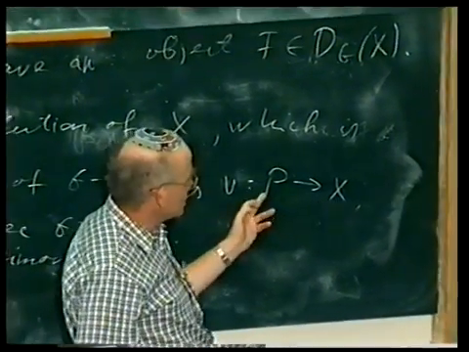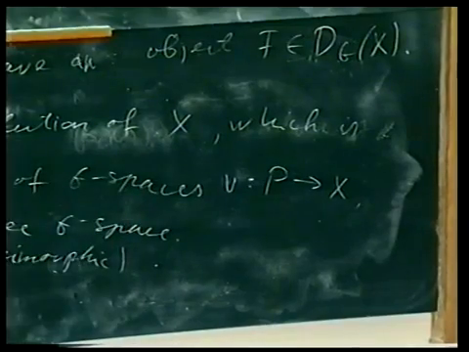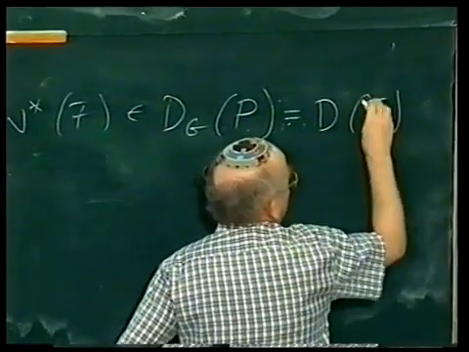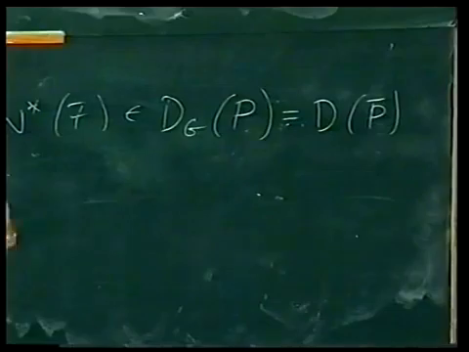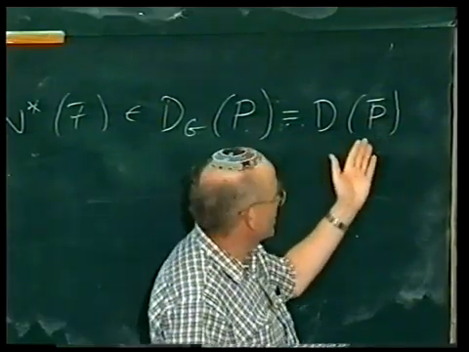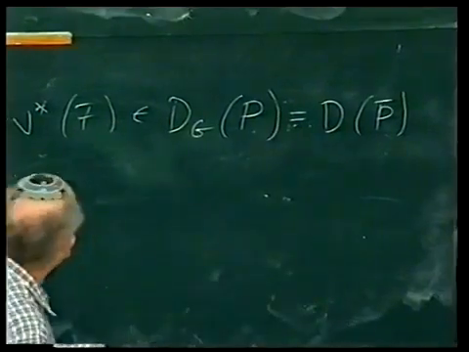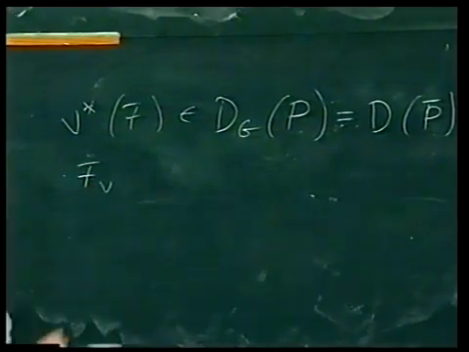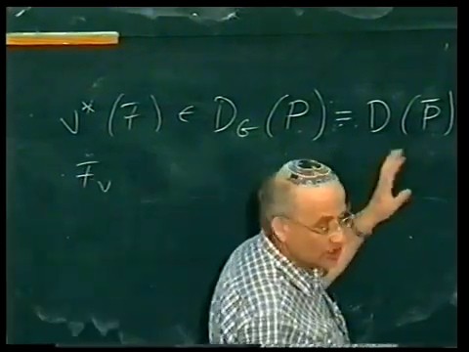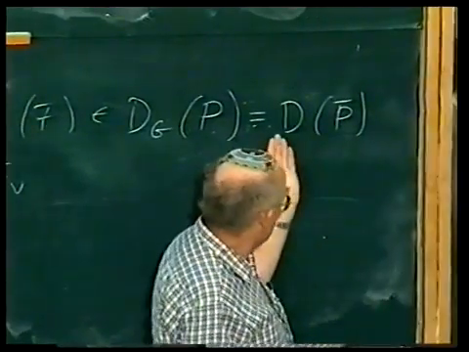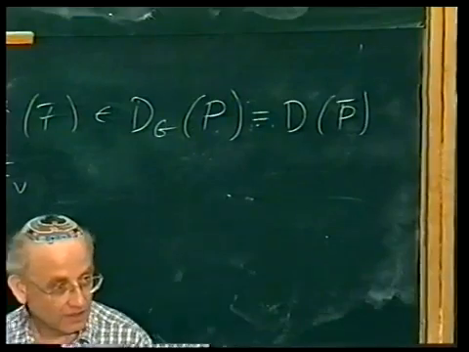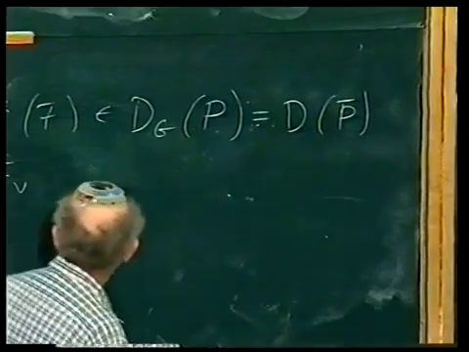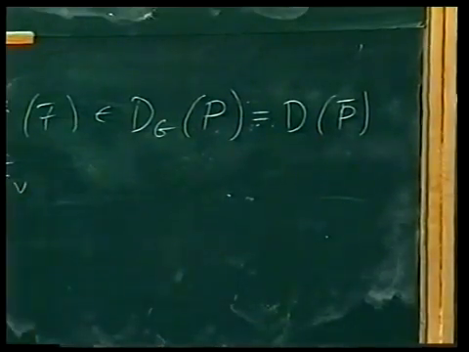So we consider its inverse image on P. But by our ansatz, this is nothing else than an element of the derived category of P bar. That's something which we already know, because P bar is just an algebraic variety. P bar doesn't remember G, right? Yes, P bar is just an algebraic variety, and this is just the usual derived category. G is gone now, that's the idea. So let's denote this F nu.